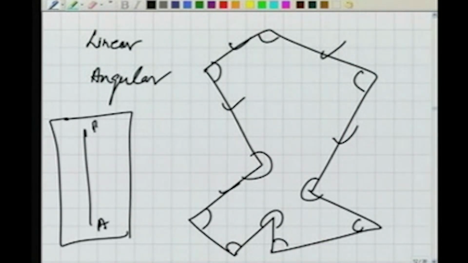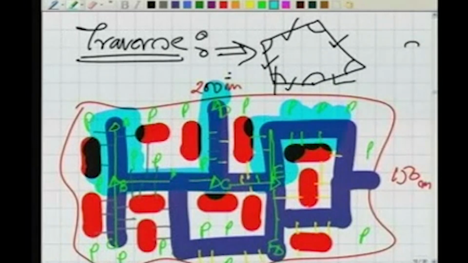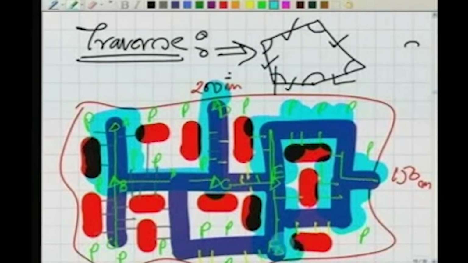So the entire area is shown here, the chain edges and the offsets. Similarly, for the area here, another line, another line, all these individual lines can be recorded in the field book the way they are appearing in the ground.